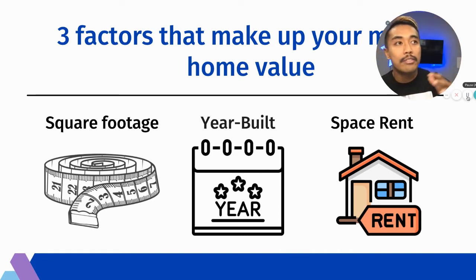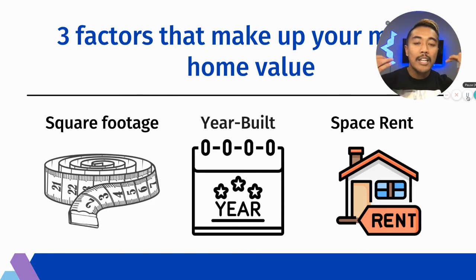Now, when you have two nice homes and one's a 1970s home that just has been remodeled versus a 1996 home, some lenders won't loan on a 1970 home versus a newer home. So that's a very important factor to understand.